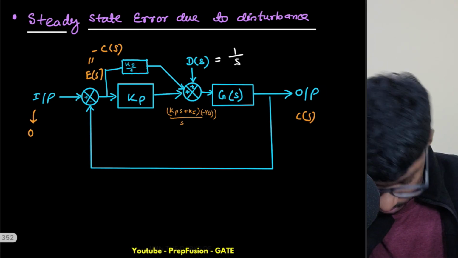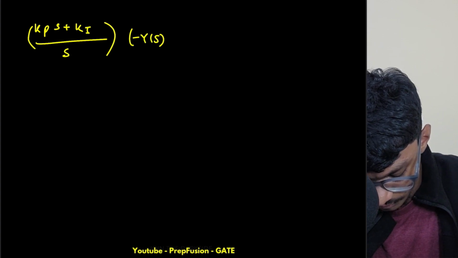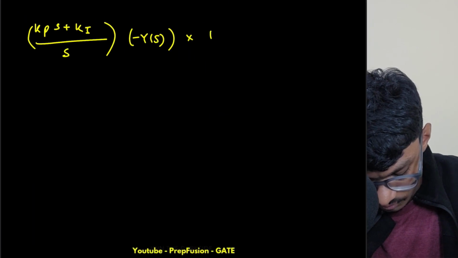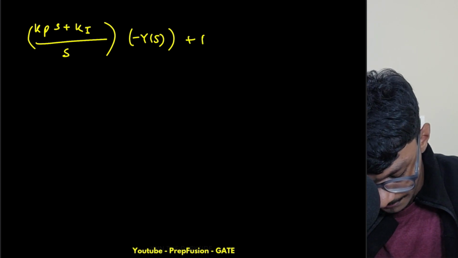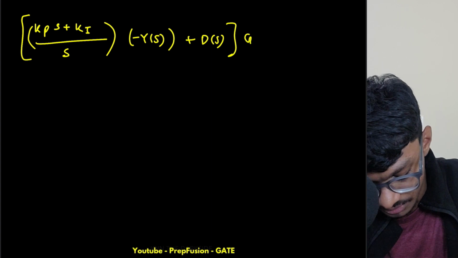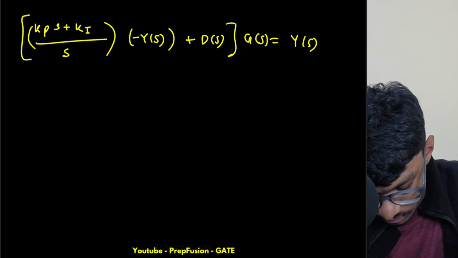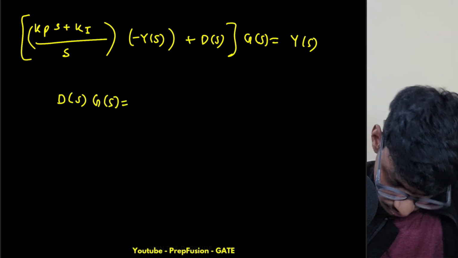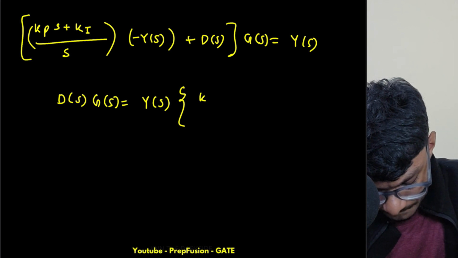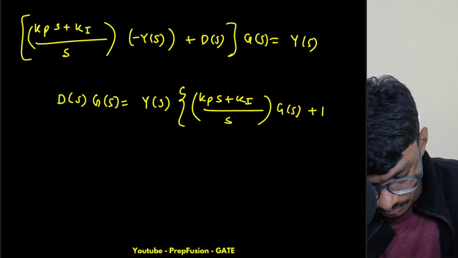So basically (Kp plus Ki by s) into minus Y(s) plus D(s), into G(s), equals Y(s). So this will be D(s) into G(s), and this equals Y(s) times (Kp s plus Ki over s into G(s), plus 1).